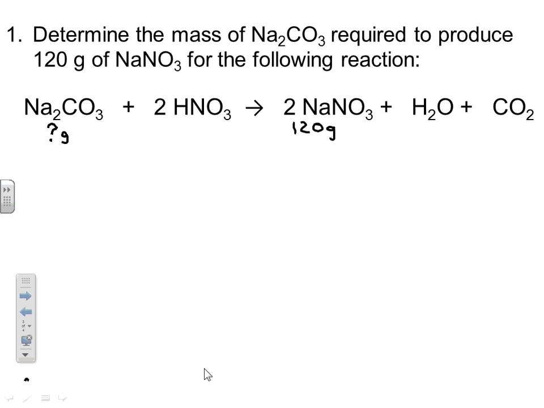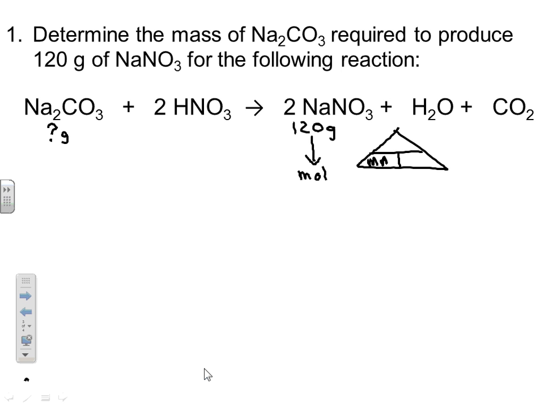Now, I can only begin where I have information, so my arrows are going to travel down and over to the unknown and back up, because that's where I'm heading. That's what the map is designed to do. So I'm going to head down here and turn it into moles. And again, I need the triangle.